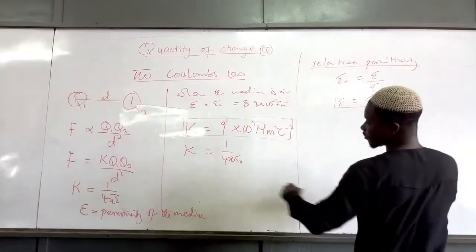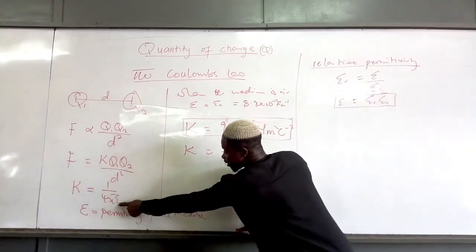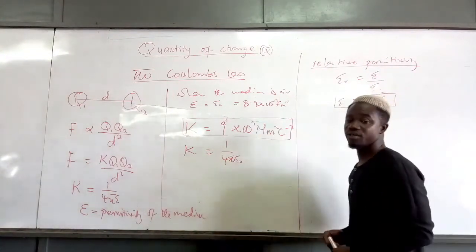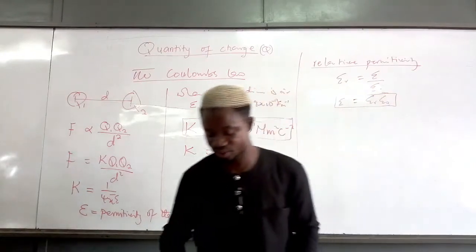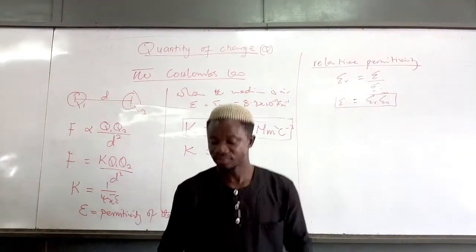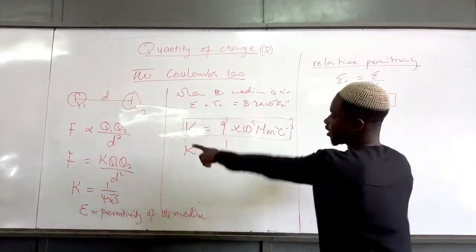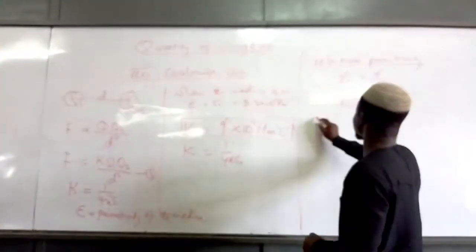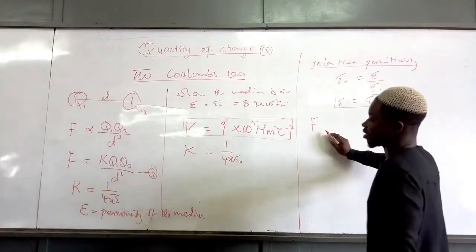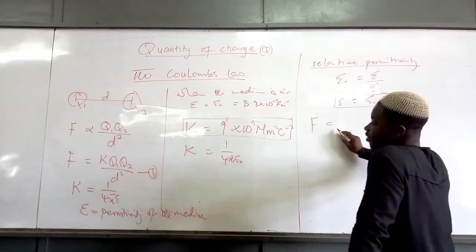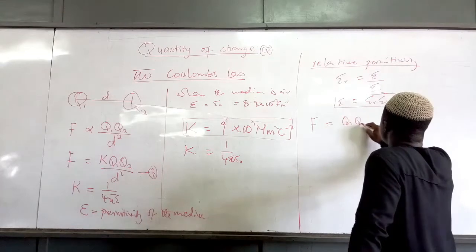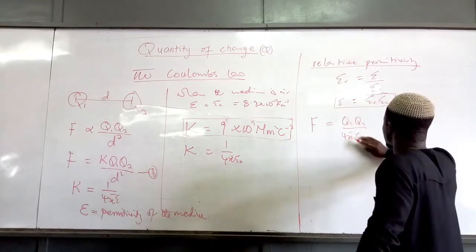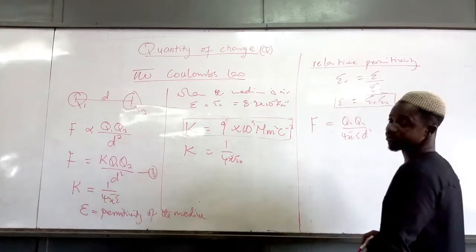It means that in place of this value, permittivity, we can always place this and use it to calculate the value of K, which is Coulomb's constant. What this means is that the force for equation 3 can be written as F is equal to Q1, Q2 all over 4 pi epsilon d squared.